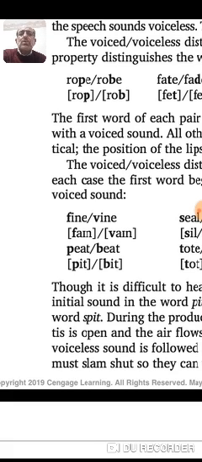There are two types of p in English: aspirated and unaspirated. What is aspiration? Aspiration is something like this. Let me take one piece of paper for you to see what we mean by aspiration. I hold one piece of paper in front of me.